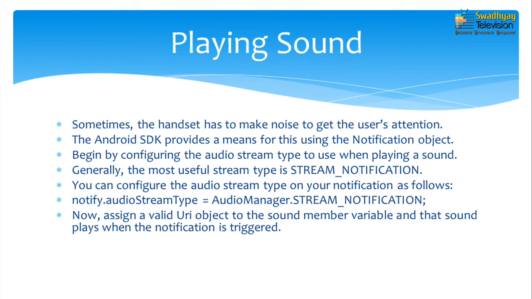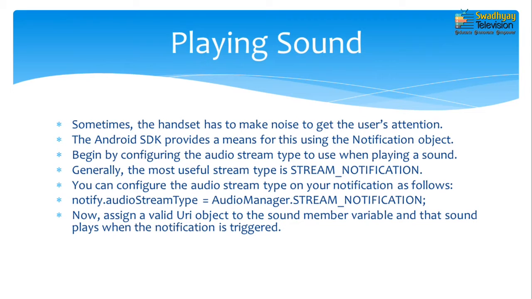Now, next we want to play sound or make noise. Sometimes the handset has to make noise to get the user's attention. So, by playing a certain sound, like in an alarm we play sound. This is how you can get user attention. The Android SDK provides means for using the notification object.